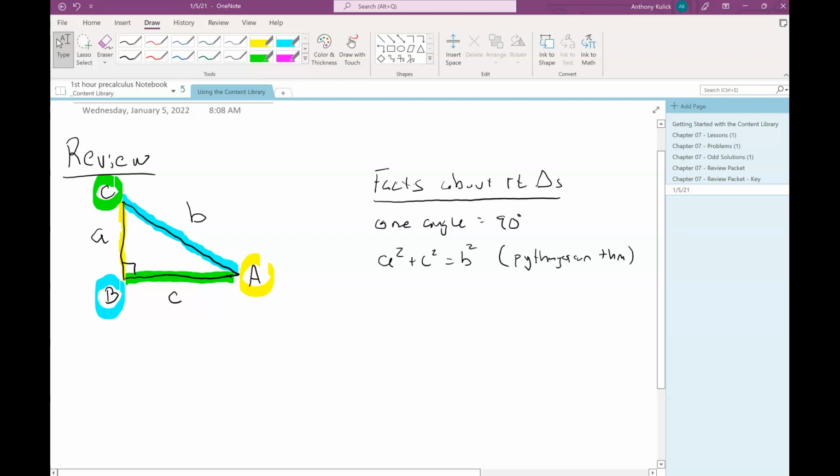That's great. Okay. What else can we say about right triangles specifically? There's one other big thing that we would have used in first semester. Yes. Is it like SOHCAHTOA?